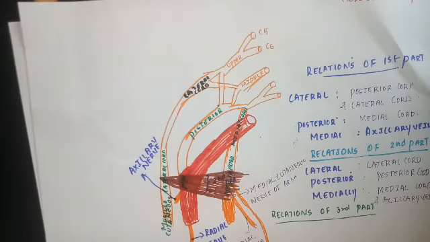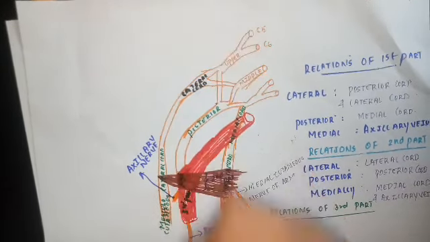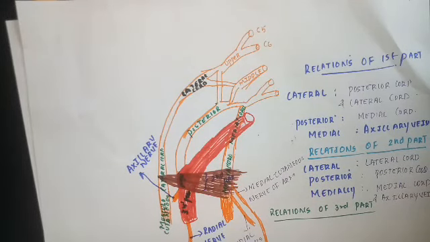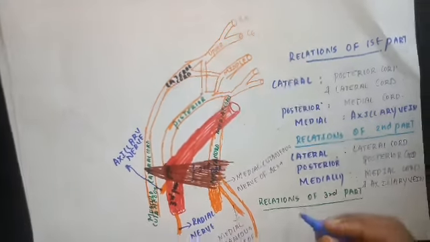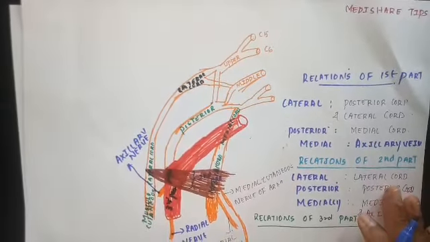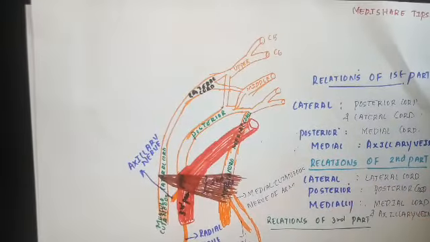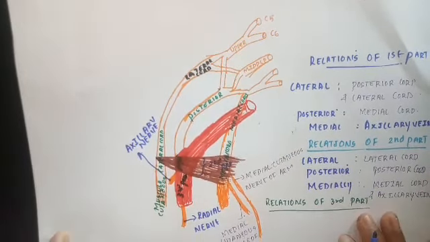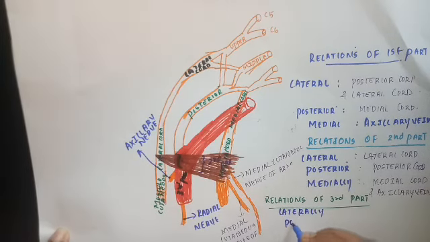So this is the third part of axillary artery. The relations of the third part of axillary artery are: lateral relation, laterally, posteriorly, medially.